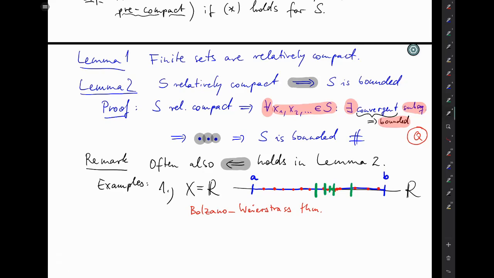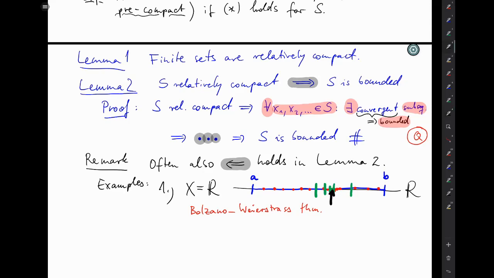That's how you find so-called accumulation points or partial limits of your red sequence, and by showing your red sequence has an accumulation point or a partial limit, you're showing that it has a convergent subsequence, and hence your set S is relatively compact.